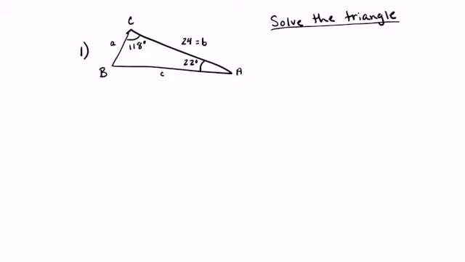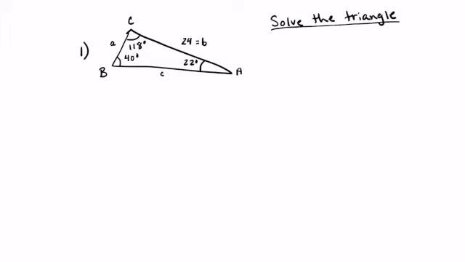To find angle B, remember that all triangles have 180 degrees. So we take 180 and subtract the other two angles: 180 minus 118 minus 22 gives us 40. So angle B equals 40 degrees.